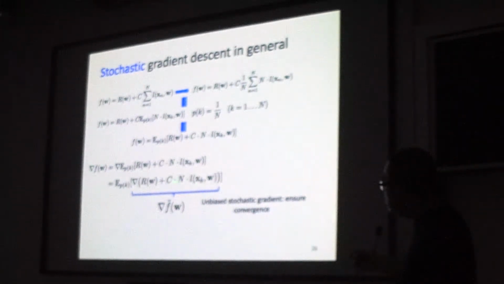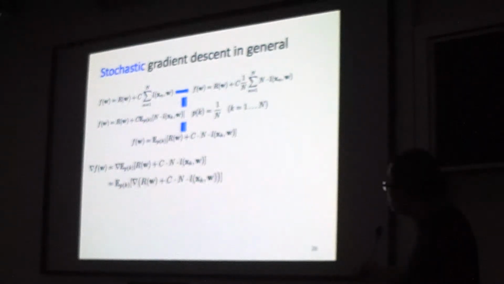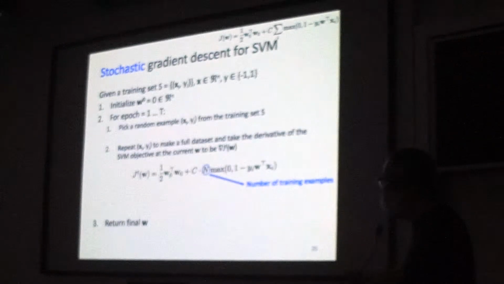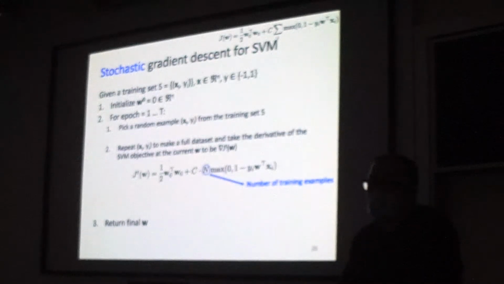Remember, the gradient here is random, because your xi, yi is randomly chosen. This is why it is called stochastic gradient. And in so doing, you can ensure that the expectation of your stochastic gradient is the exact gradient.